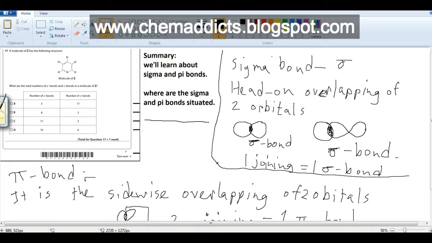There are single bonds and multiple bonds. Here today we are going to discuss single bonds and double bonds. Single bonds, always remember that single bonds have only pi bond.